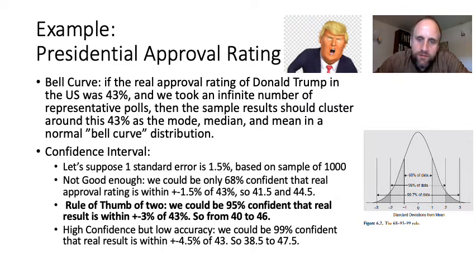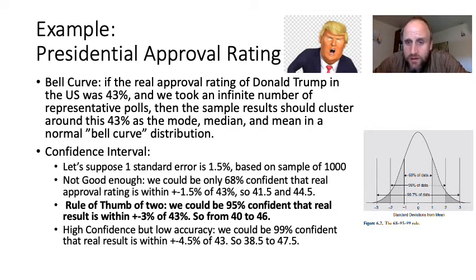Presidential approval rating is very important, particularly now in the election season. Let's suppose that the real approval rating of Donald Trump in the population in America was 43%, which is probably not that far from the truth.